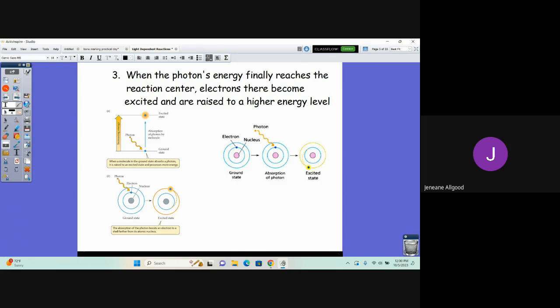They are not terribly stable at that excited state. And so electrons are the same way. When electrons are in that excited state, they don't tend to stay there for very long. They're going to get passed to different proteins in the electron transport chain, the first electron transport chain of the light reactions.